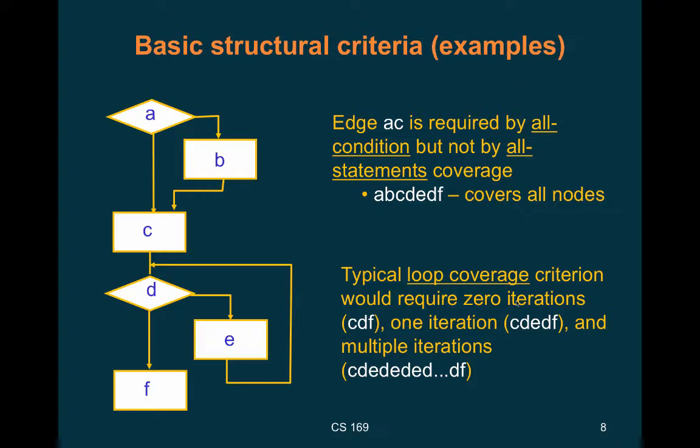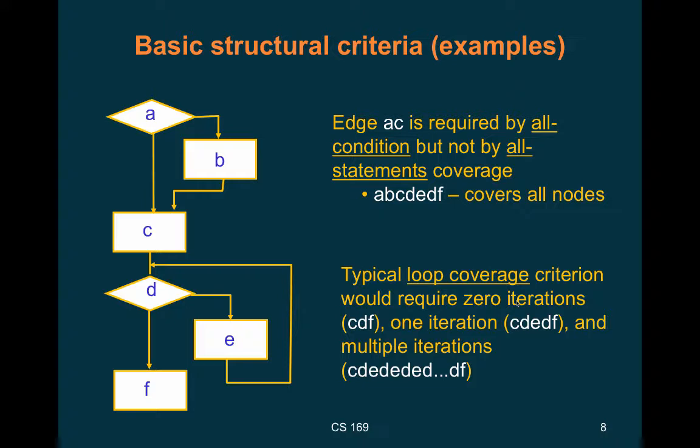Essentially, valid D is false, you skip over the loop. You want to make sure that if you do the loop iteration once, so D, E, D, F, that works, and you want to try multiple iterations as well, because it's possible that in multiple iterations a bug will show up that is perhaps not visible in the first iteration.